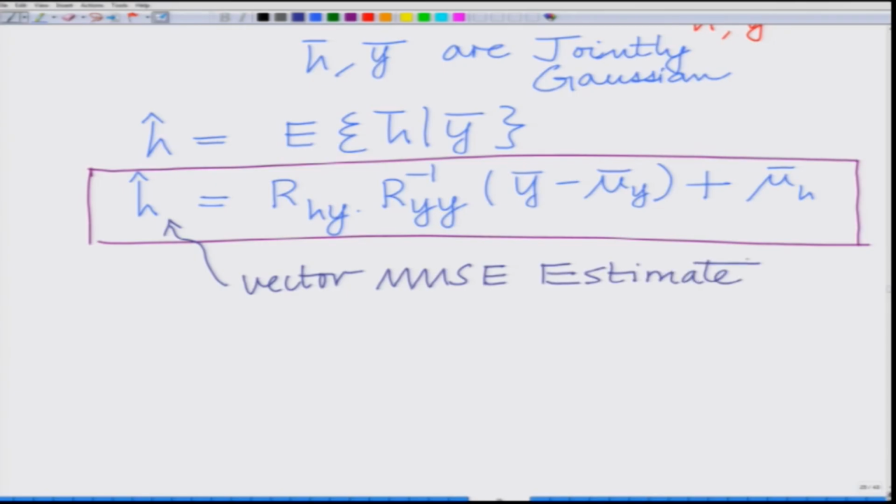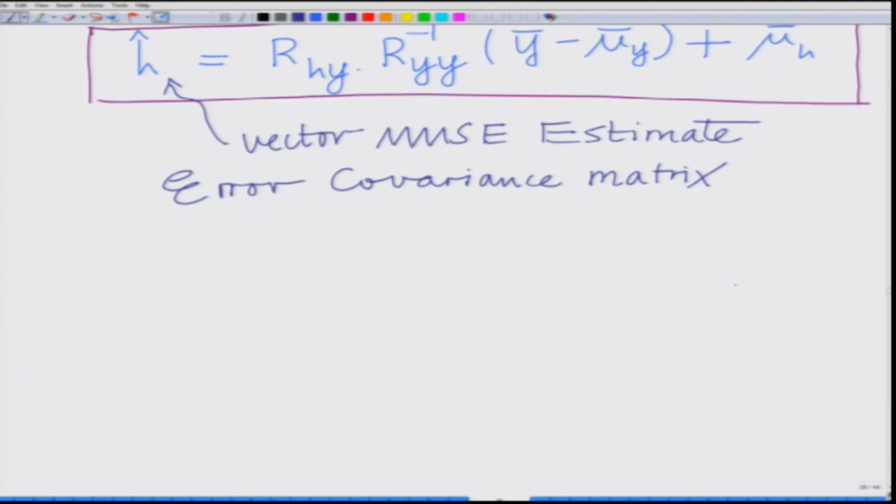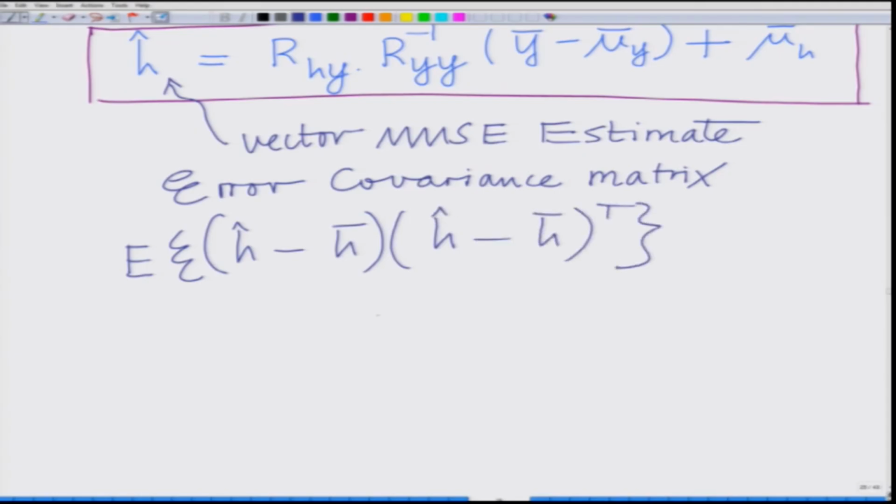This is the vector MMSE estimate, and also the error covariance. Because we have a parameter vector, we have not simply the mean squared error, but rather the error covariance matrix, which is the expected value of (h hat minus h bar) into (h hat minus h bar) transpose.